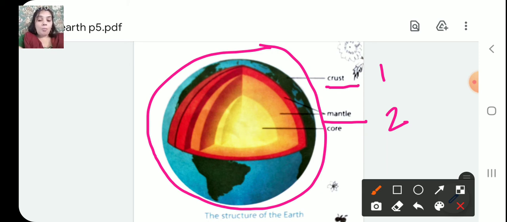And below the mantle is the core, made up of iron and nickel.